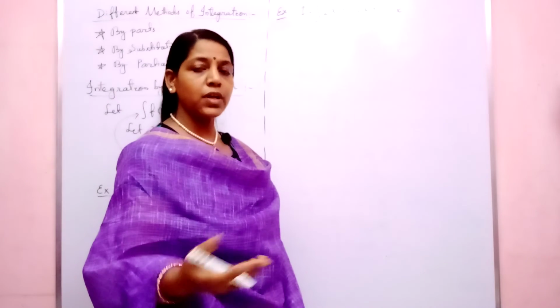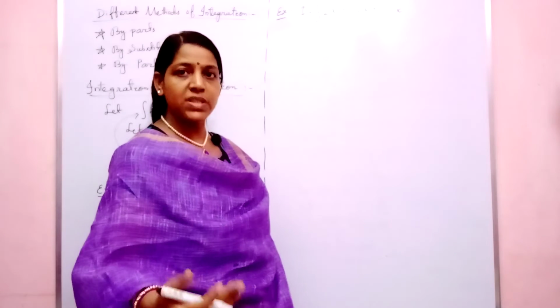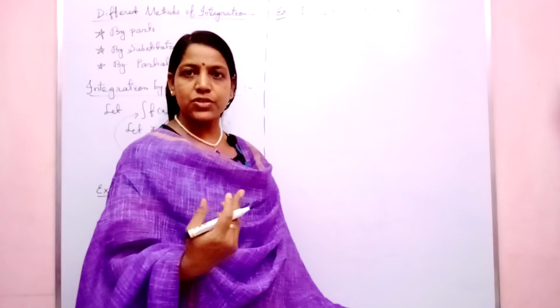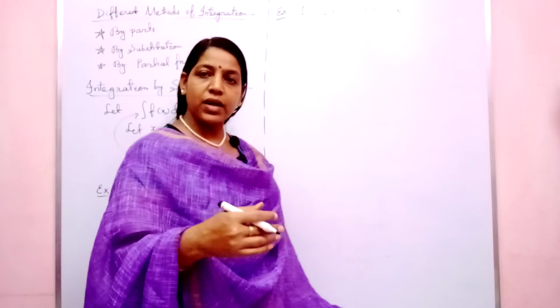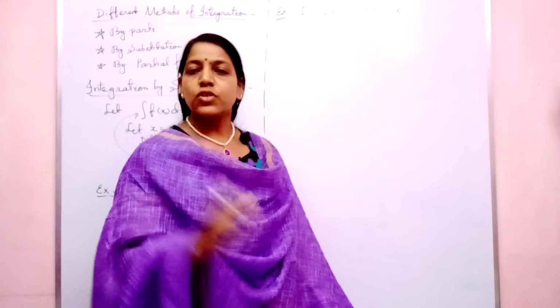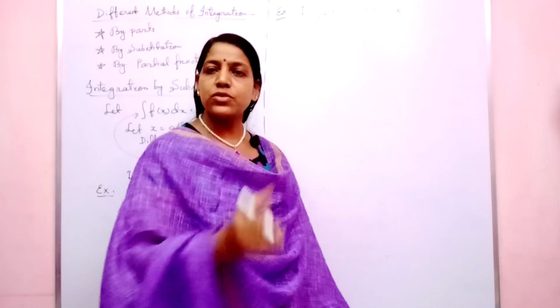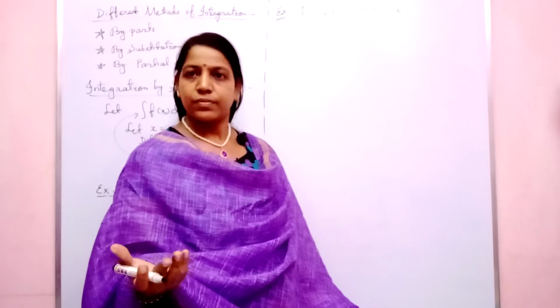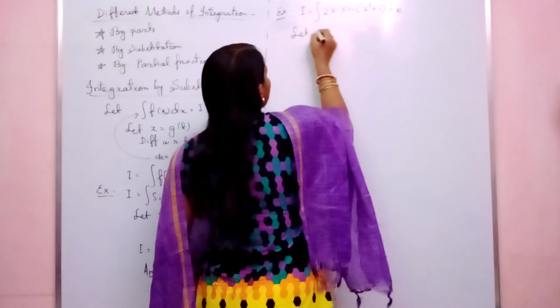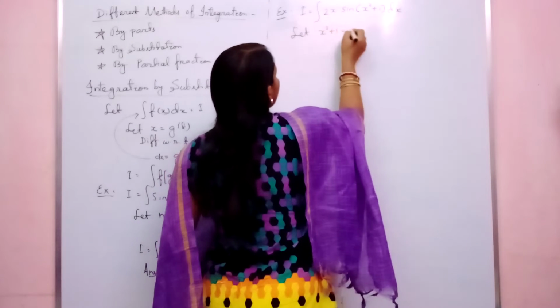Again you have to go for further substitution, means chain rule you need to apply. Why can't you take x square plus 1 as your t? So that in one step it will finish, because x square plus 1 differentiation 2x, x square differentiation also 2x. So if you are getting as a larger part substitution, be wise. Am I right? So hence, so let x square plus 1 equal to t.